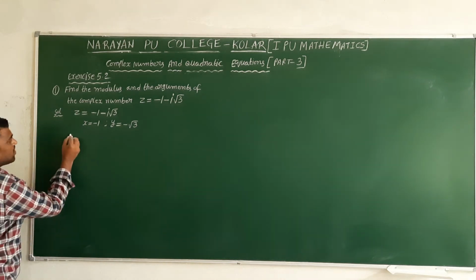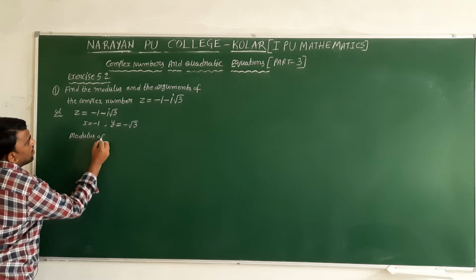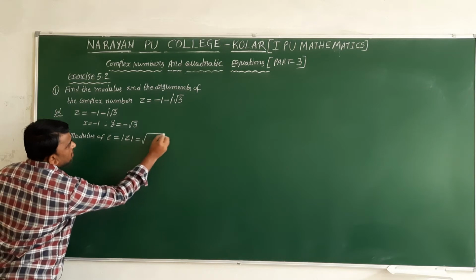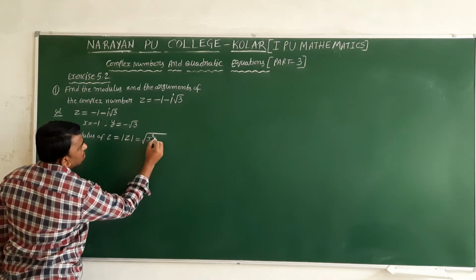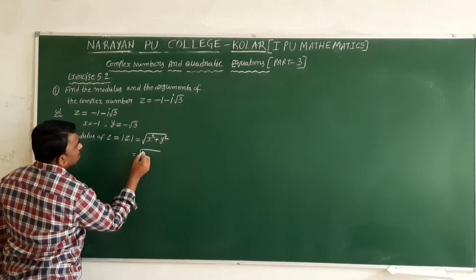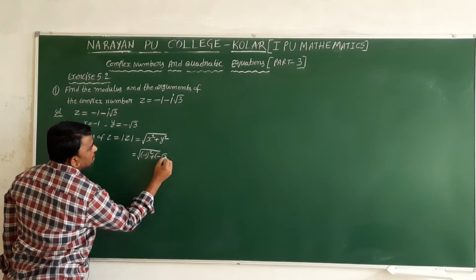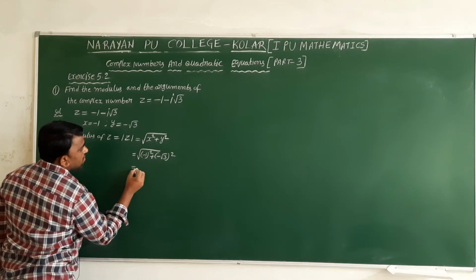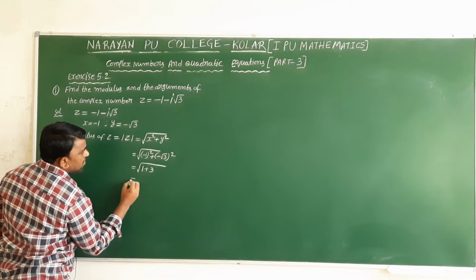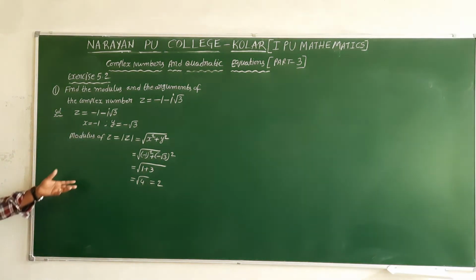So the modulus of z, the formula we know, mod z equal to root over x square plus y square, root over (-1) square plus (minus root 3) whole square. (-1) square is 1, (minus root 3) whole square is 3, root 4, that is 2. That is the modulus of z.